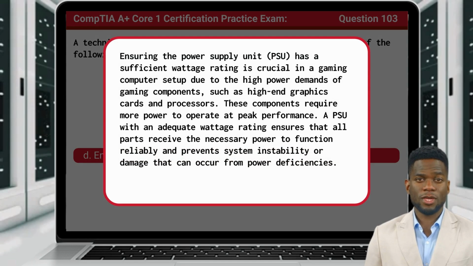Ensuring the power supply unit, PSU, has a sufficient wattage rating is crucial in a gaming computer setup due to the high power demands of gaming components, such as high-end graphics cards and processors. These components require more power to operate at peak performance. A PSU with an adequate wattage rating ensures that all parts receive the necessary power to function reliably and prevents system instability or damage that can occur from power deficiencies.